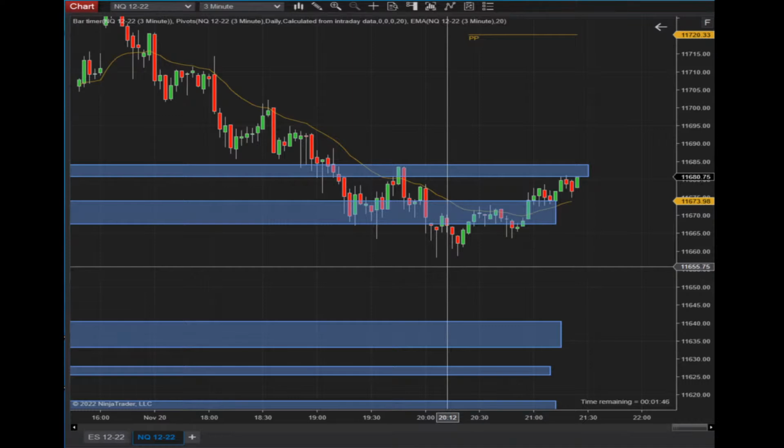NQ, NASDAQ still sitting at that rejection range. Let's see if it plows through it.